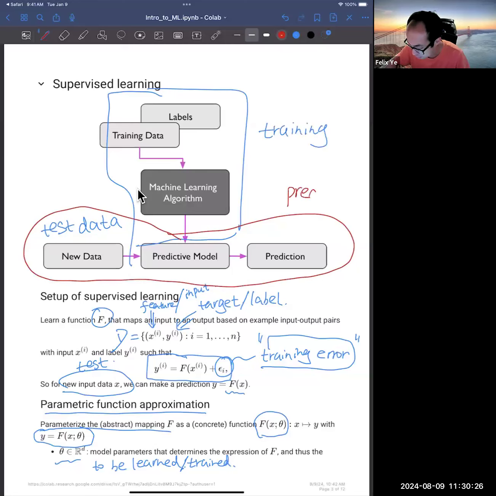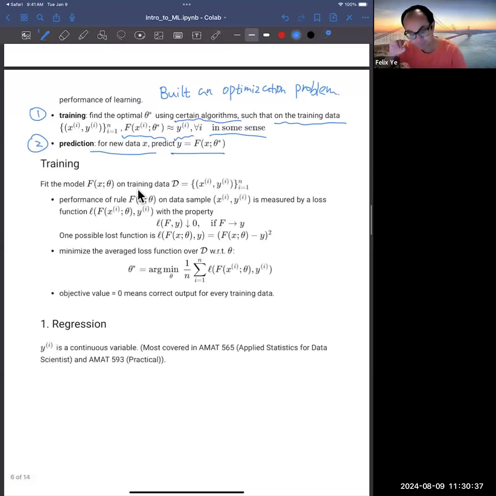So these are the two steps that are not avoidable for supervised learning. It's quite easy to do predictions. Once we have a good knowledge of theta, all we need to do is just plug in, and it can make the predictions. So the difficult part lies in the training here.